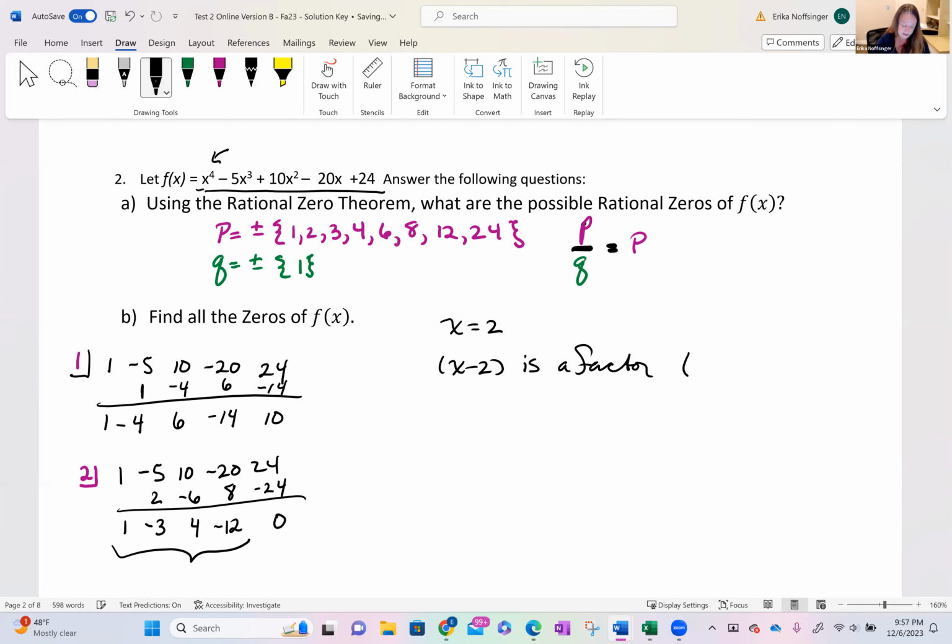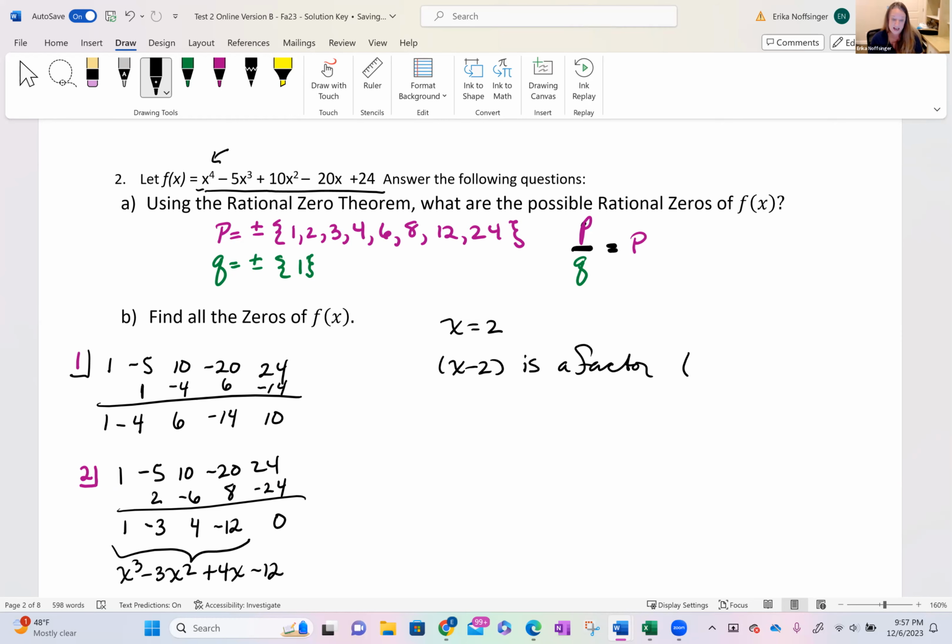So this is going to be x cubed minus 3x squared plus 4x minus 12. I can continue and use synthetic division to find the zeros of this polynomial, which was my quotient, or I can use other tools.